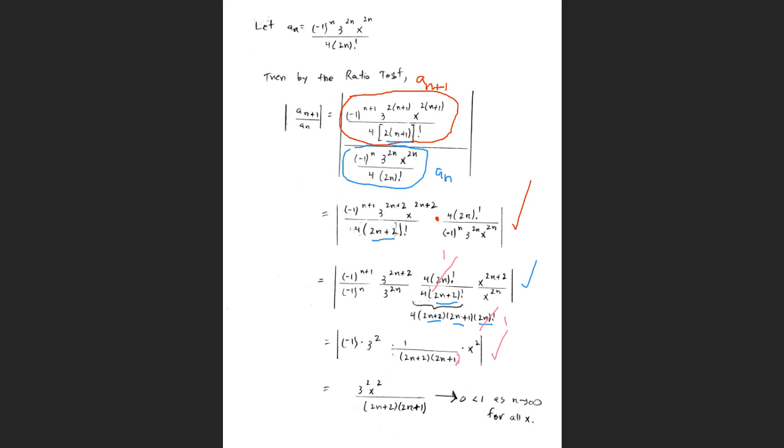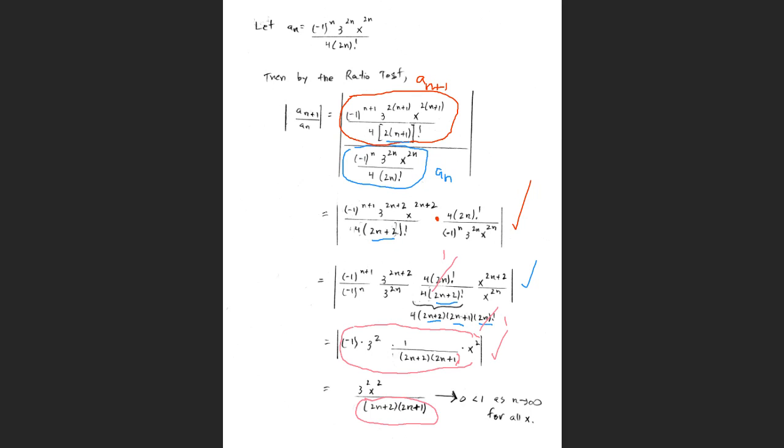So now we take the absolute value of this expression, and the negative goes away, and all the other parts of the expression are positive, so we can drop the absolute value. And as n goes to infinity, this denominator here is going to go to infinity.